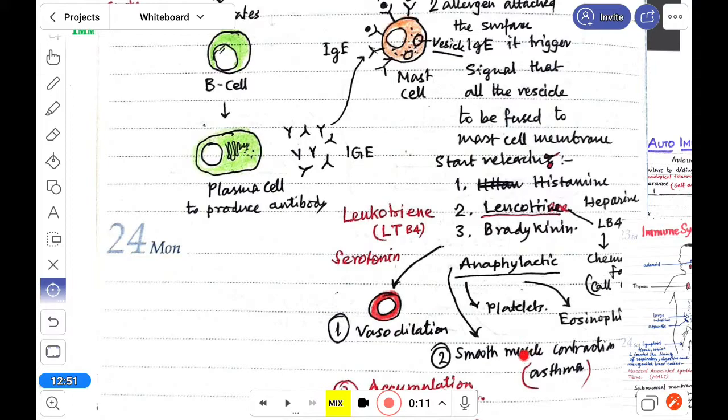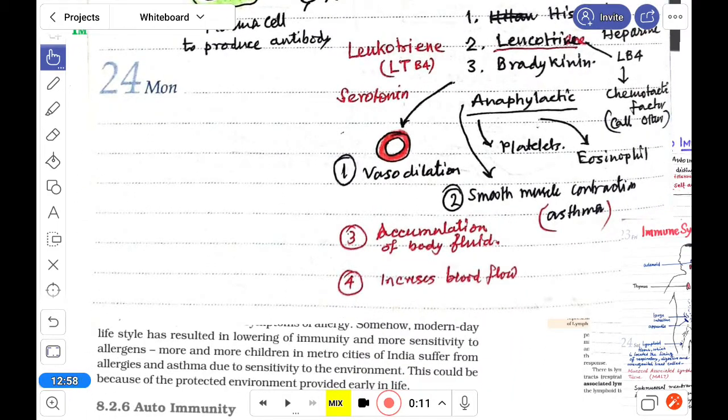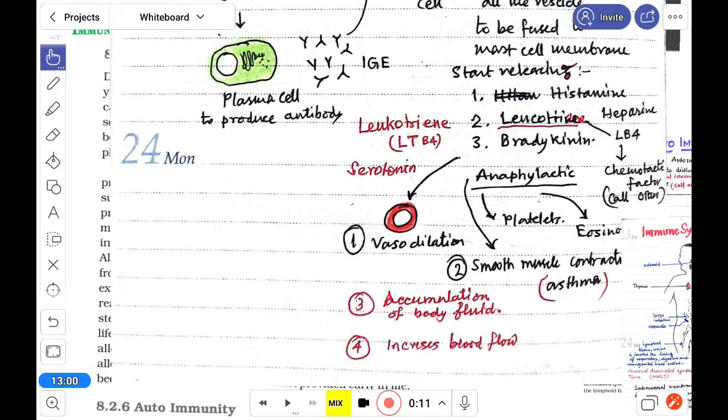And smooth muscle contraction, in case of asthma, is also there. The accumulation of body fluid and increased blood flow, all these things create that allergy. All right, so this is the system.